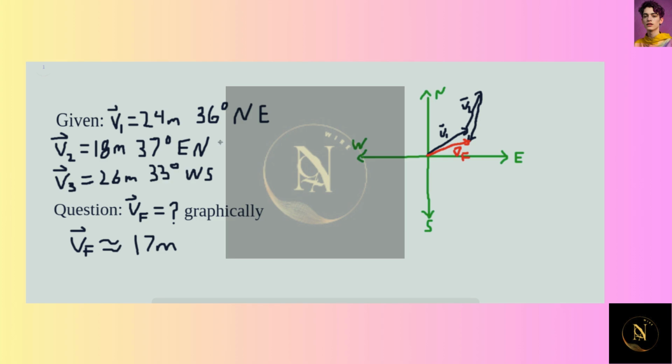And V1 was, if you remember, 36 degrees north of east. So this looks a little bit more than half, so we'll say 19 degrees north of east. And that's what we've approximated graphically.